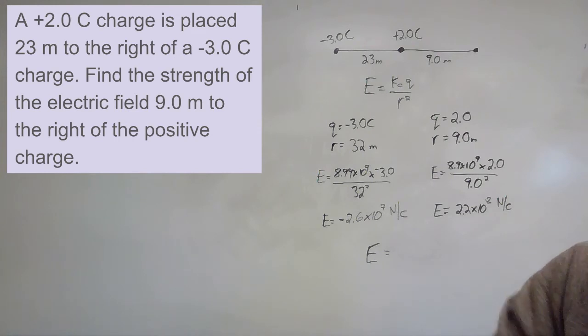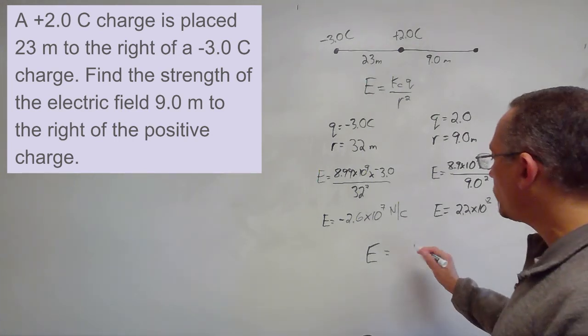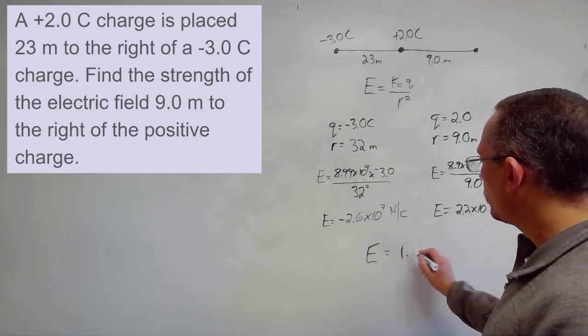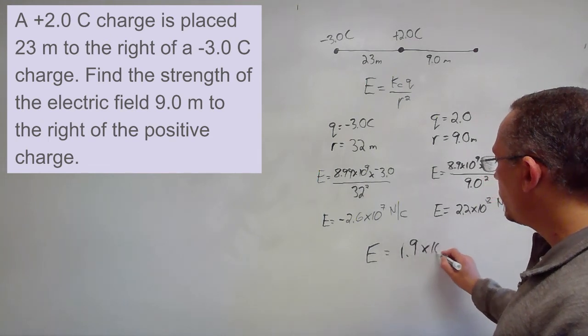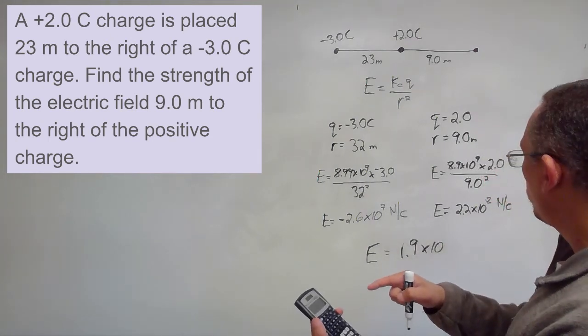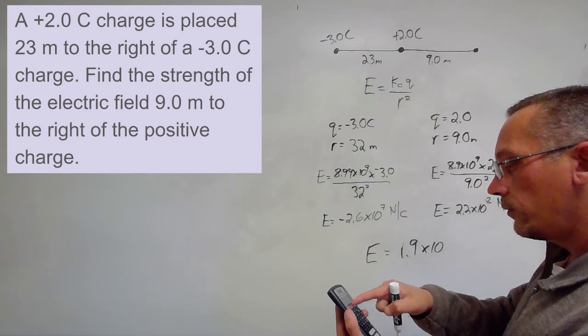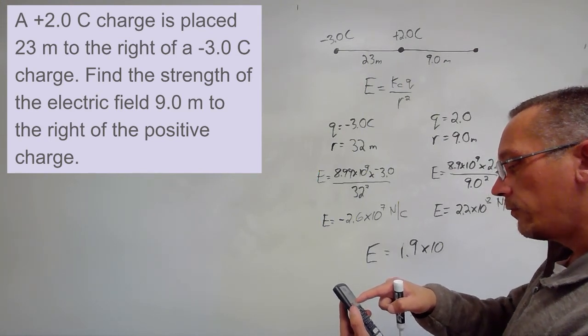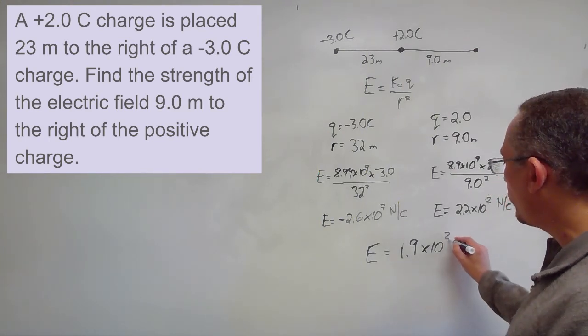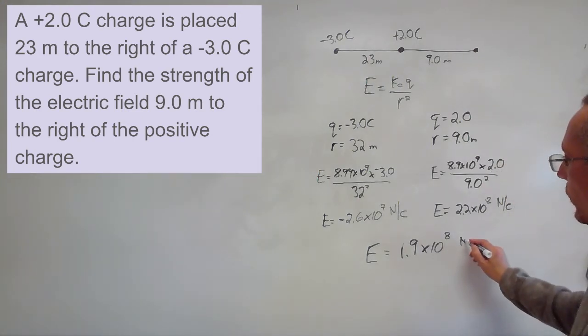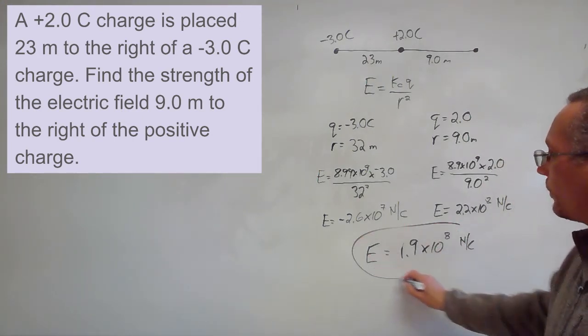And here I get 1.9 times 10 to the 8th, in newtons per coulomb.